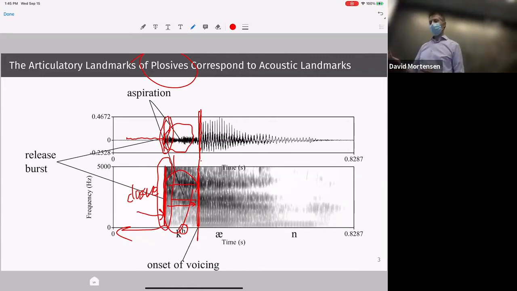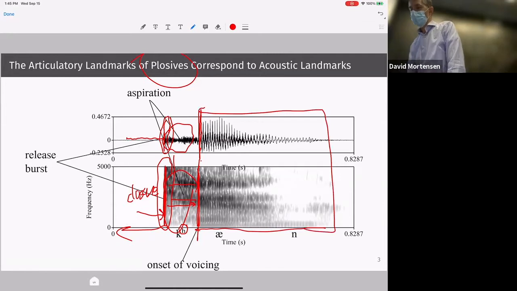And yeah. So after that, what do we see in this area? What kind of sound is that? Well, actually, two sounds. It's periodic, yes. So the waveform is periodic. You know it's periodic because there are nice, evenly spaced peaks.